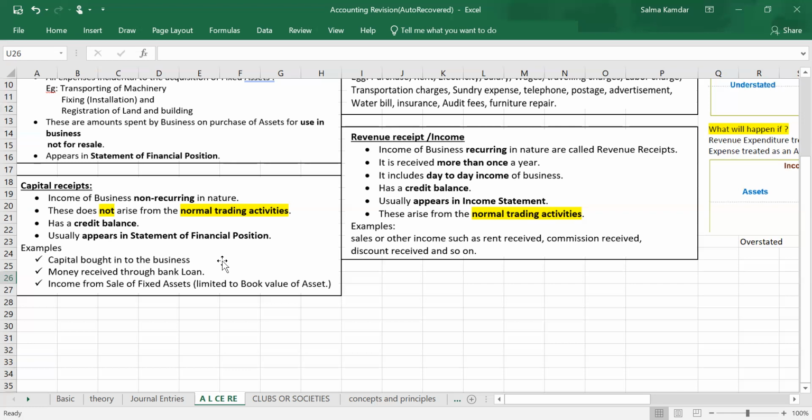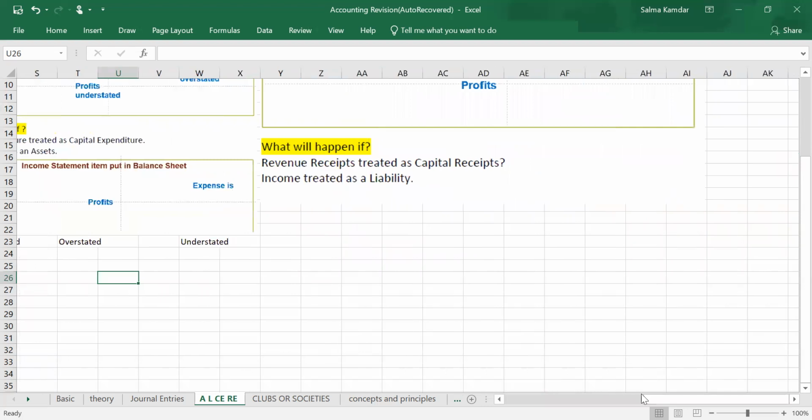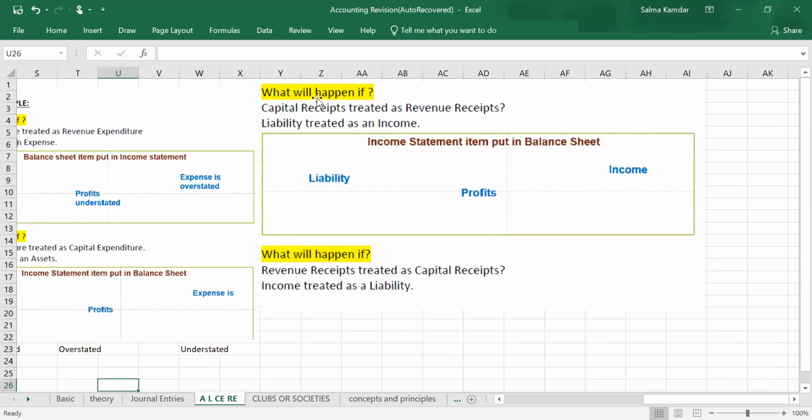Money brought into the business, money received through a bank loan, income from sale of fixed assets limited to the book value of the asset. Now, what will happen if you treat your capital receipts as revenue receipts? Capital receipts is basically your liability.